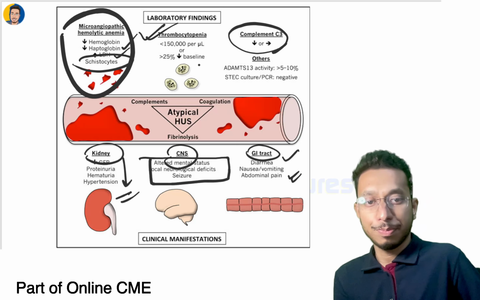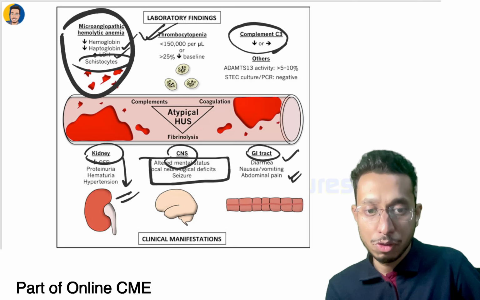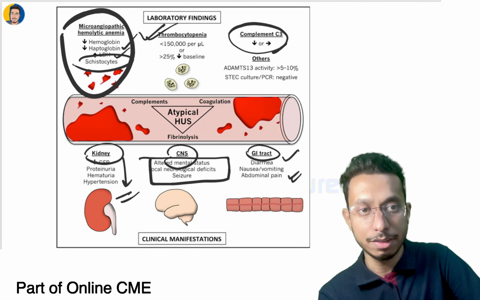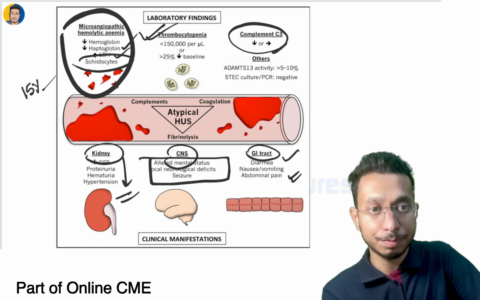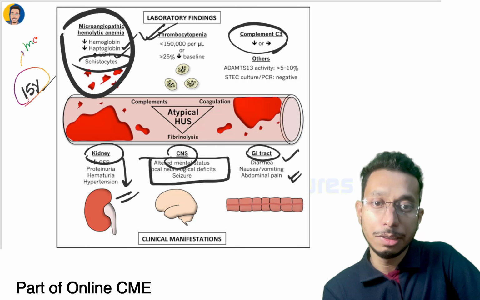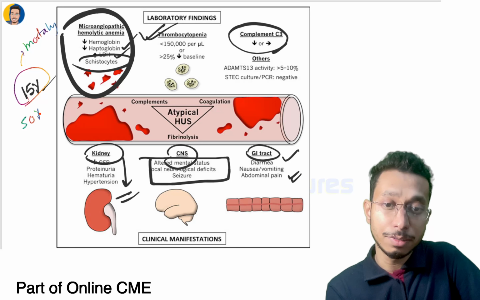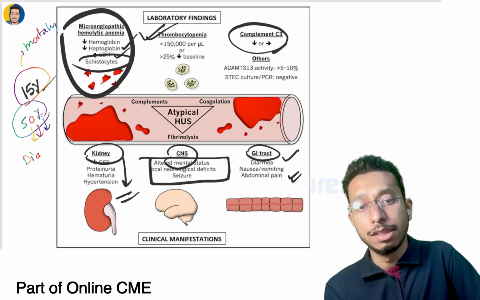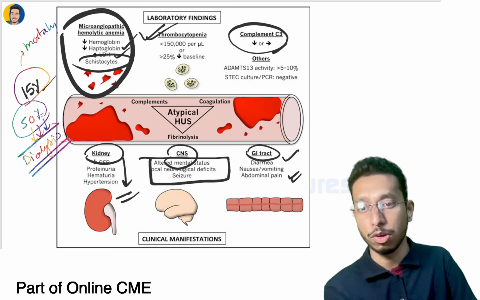Okay, so the important thing is that this atypical HUS is more severe than the Shiga-like toxin HUS, and even data says 15% of patients with this atypical HUS have mortality, which is very high, and among those who survived, 50% landed up on dialysis. So that's the importance of it.